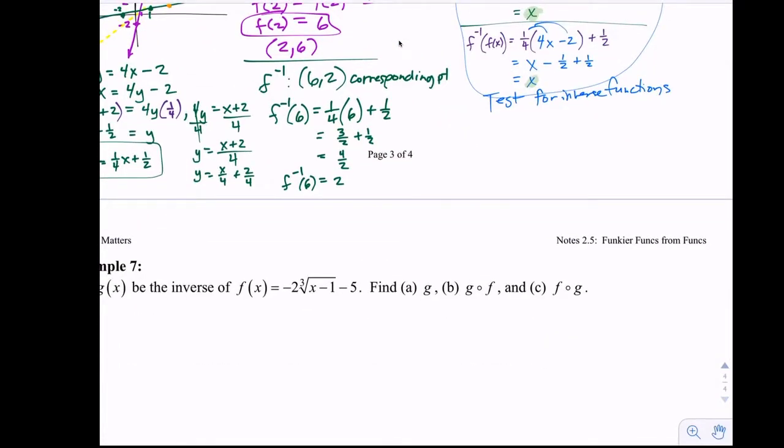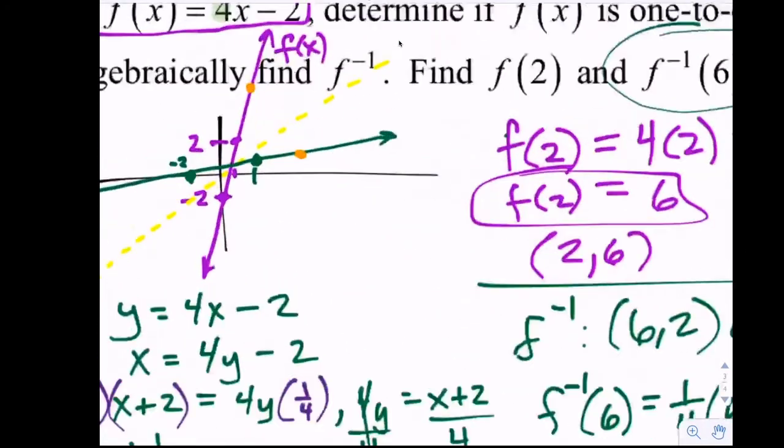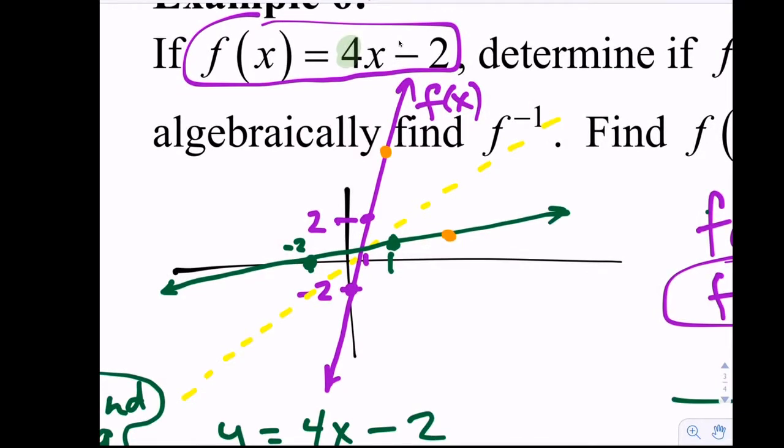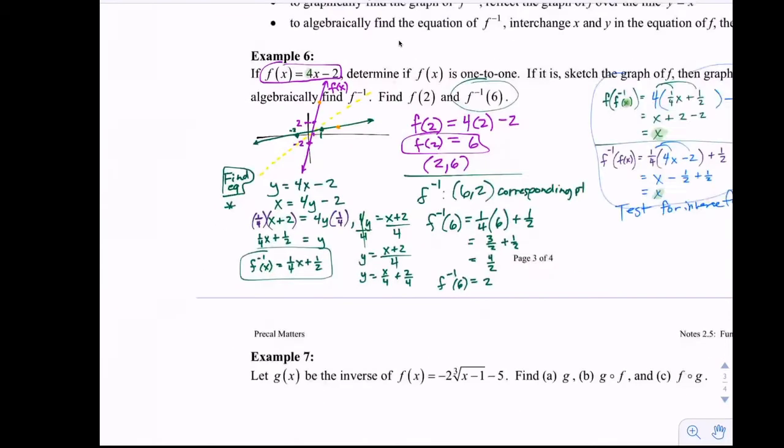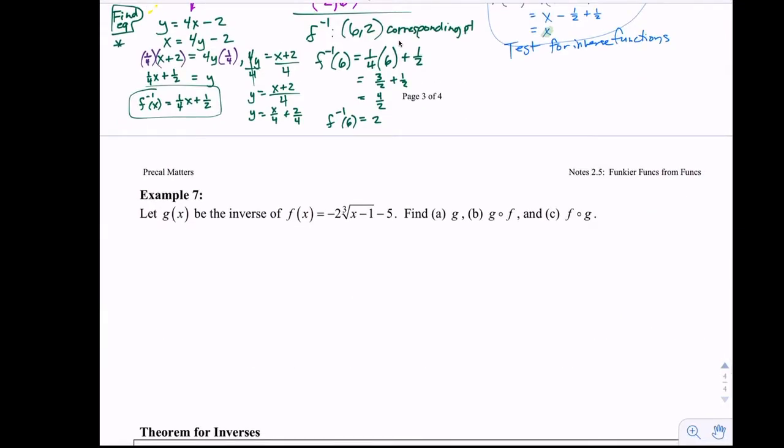Pretty sweet. Okay, and the other thing, again, we want to make note of is the slopes of these functions are related how for inverses? Inverse functions have slopes that are reciprocals, not opposite reciprocals. Opposite reciprocals are perpendicular slopes. These are just reciprocals.